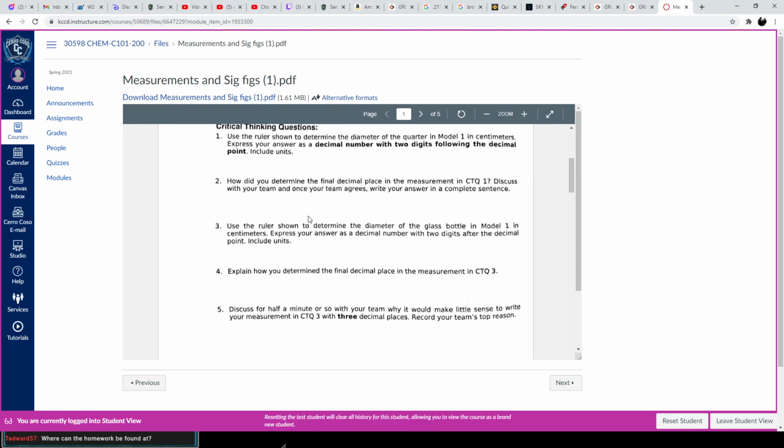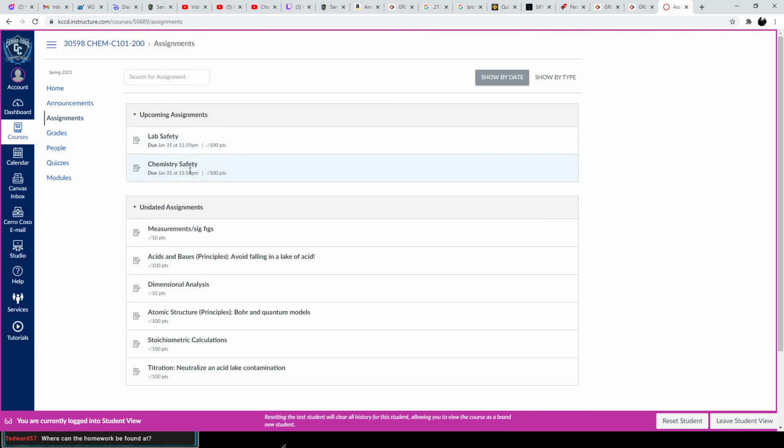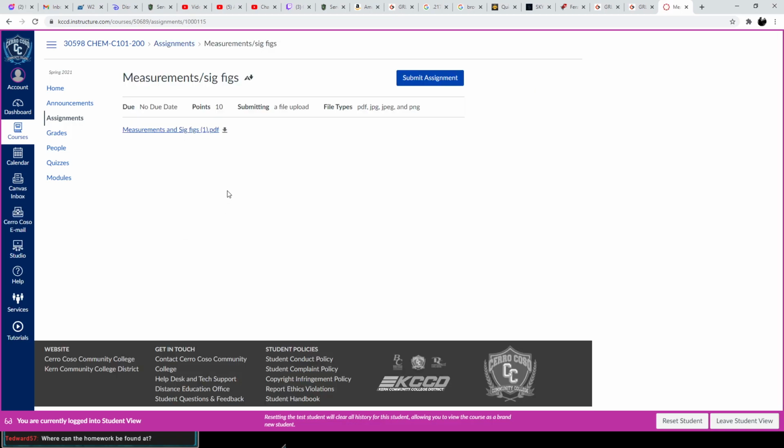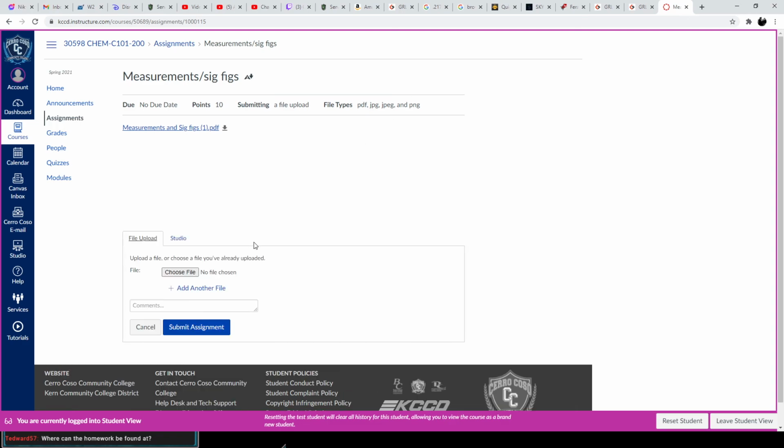What you can do is either print it out and do your work on it, then take pictures of it and submit it on Canvas. When you're ready to submit, you will click submit here, and you're going to be able to choose any of these file types: PDF, JPEG, or PNG.